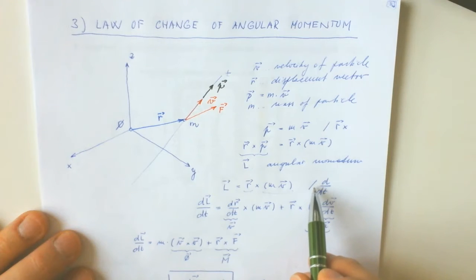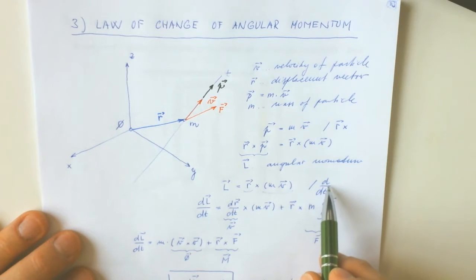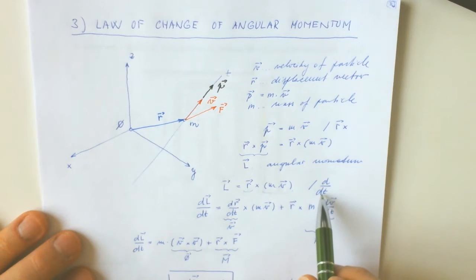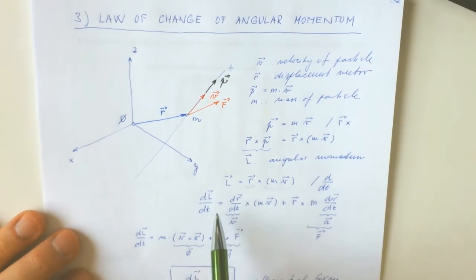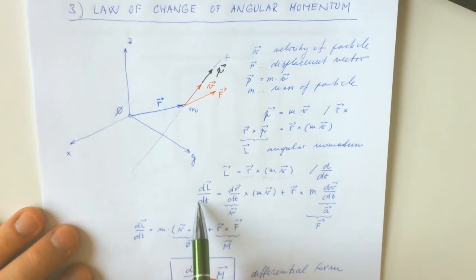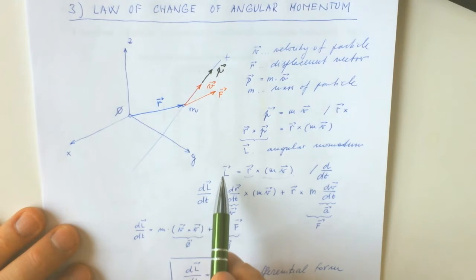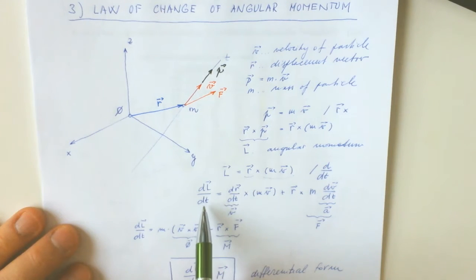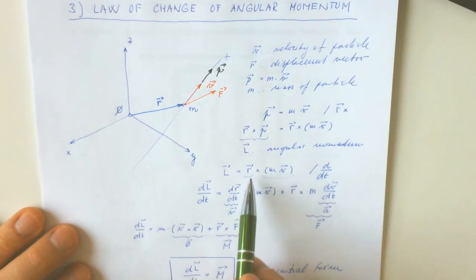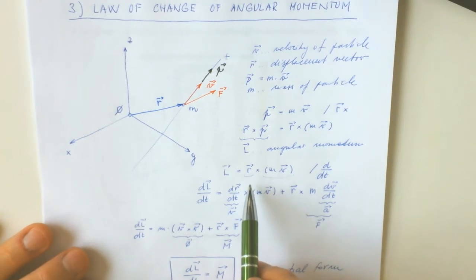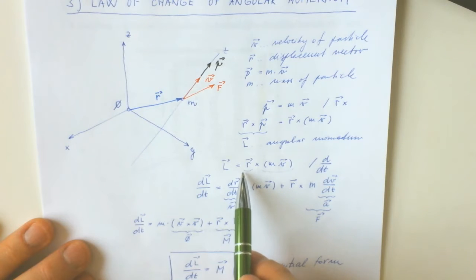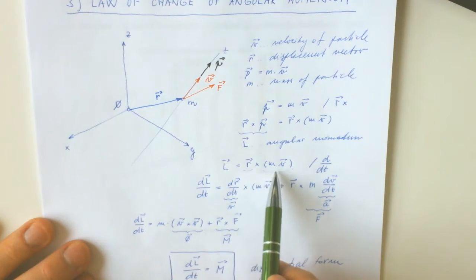We can continue with the calculation by taking a derivative with respect to time, and we apply it to both sides of the equation. If we take the derivative of the left side, we get the derivative of L with respect to time. And if we continue with the right side of this equation, we must notice that this is a derivative of a multiplication, so we must follow the rule for the derivative of a multiplication.